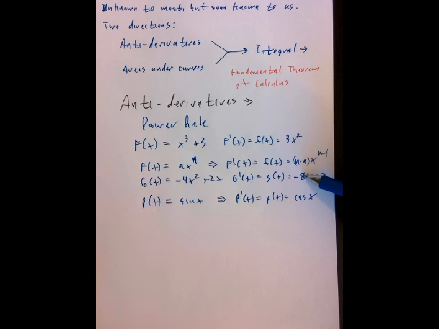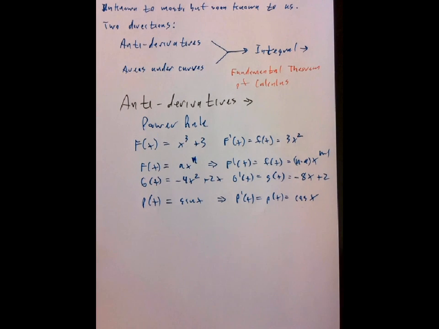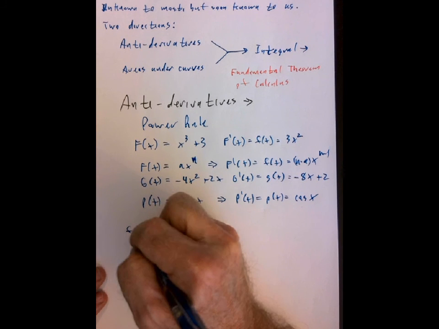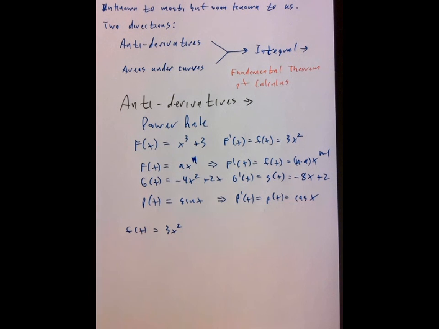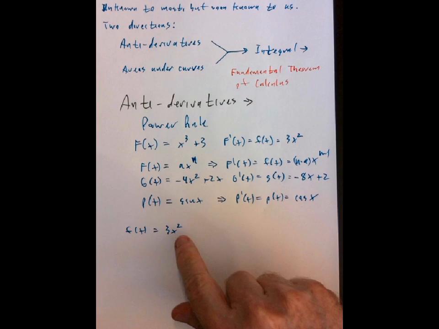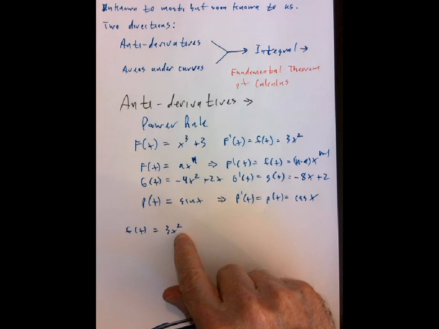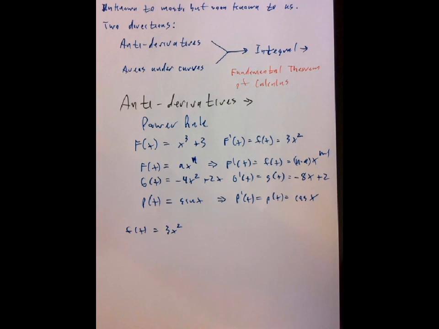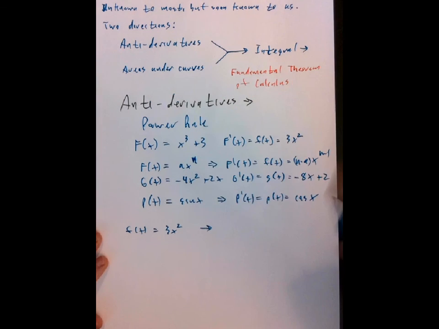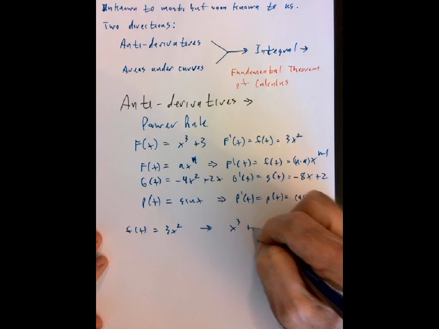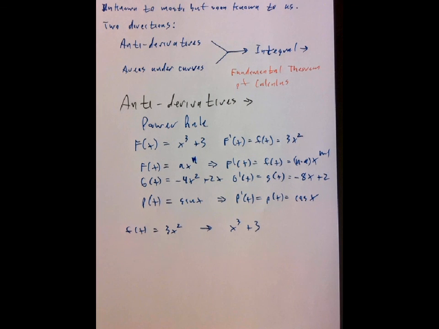So if we were starting out with little f of x equal to 3x squared, what's the function, capital F, that if we took the derivative of it would give us 3x squared? Well, we already knew, because we did it the first way, it turned out to be x cubed plus 3. Does that make sense? Okay, so that's what we're getting at.